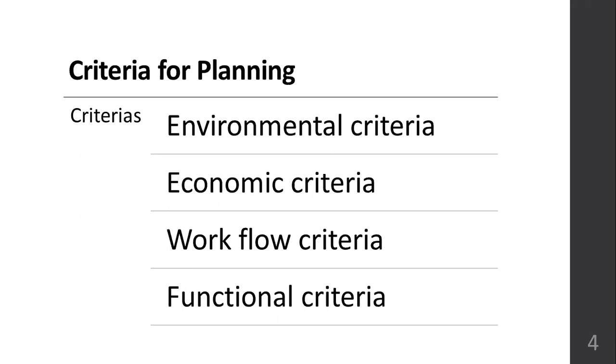Workflow criteria: the flow of patients, how the patient is moved in and out of the OT, how the staff move in and out of the OT, and how the CSSD supplies, sterile supplies, dirty supplies, linens, and other documents move in and out of the OT. That is the workflow criteria. It should be very smooth, without any obstacles.